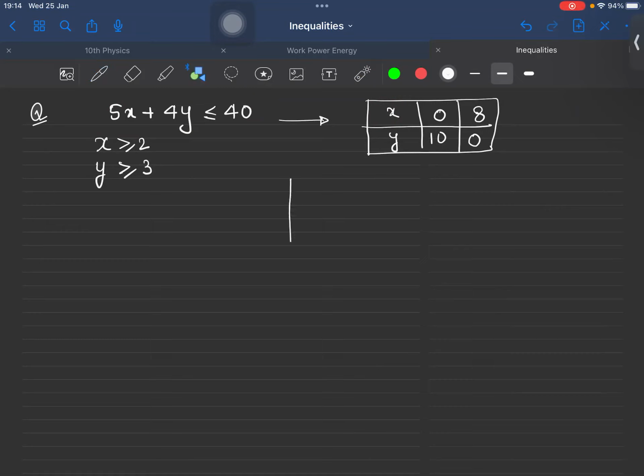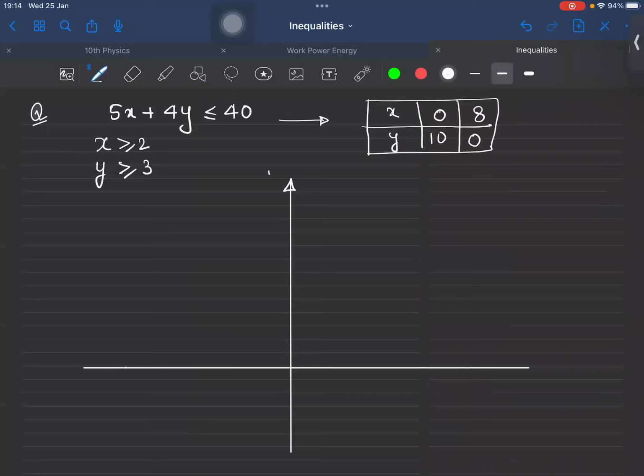Let's come to the graph. So this is y, and this is x. We have 2 points: if x is equal to 0, y is equal to 10. So this point represents 0, 10. Now if y is equal to 0, x is equal to 8. So 8, 0. Let's use green for this.